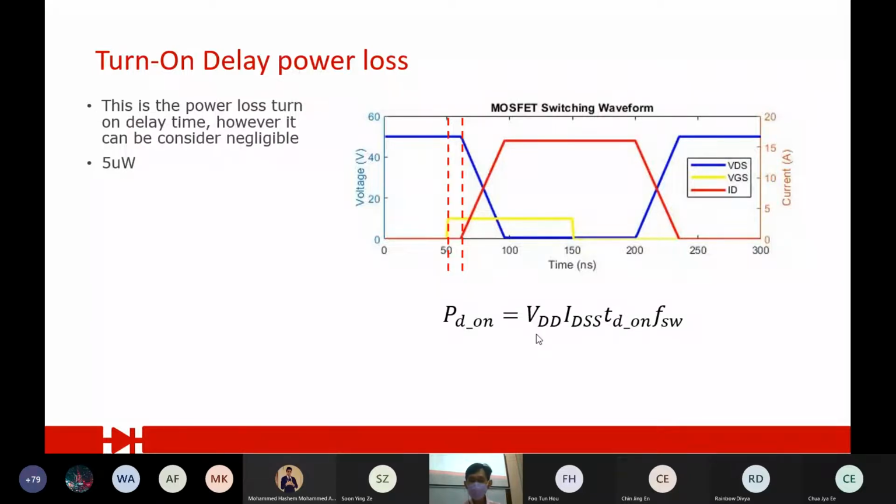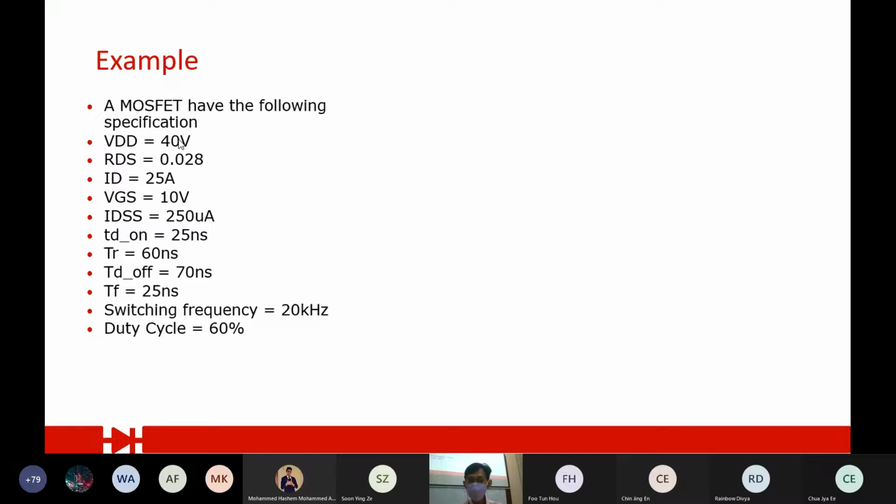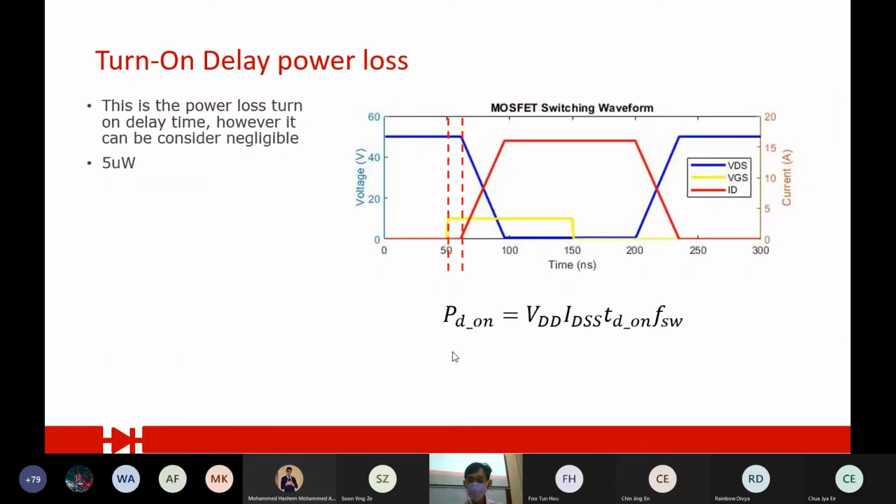Now I didn't put in the values. So what you all need to do is make sure that you substitute in all these values. If everything is correct, you should get 5 microwatts. That means I gave you the equation, I gave you the last answer. It's up to you to put into the equation and get the answer.